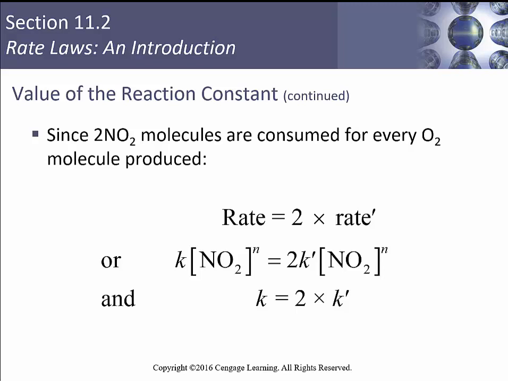So K[NO2]^n is going to be equal to 2K'[NO2]^n. So our K is going to be twice K prime. So there is a stoichiometry relationship between our K and our K prime. Honestly, we're not going to do too much with these primes. I just need to tell you that they're out there because sometimes you will see them.